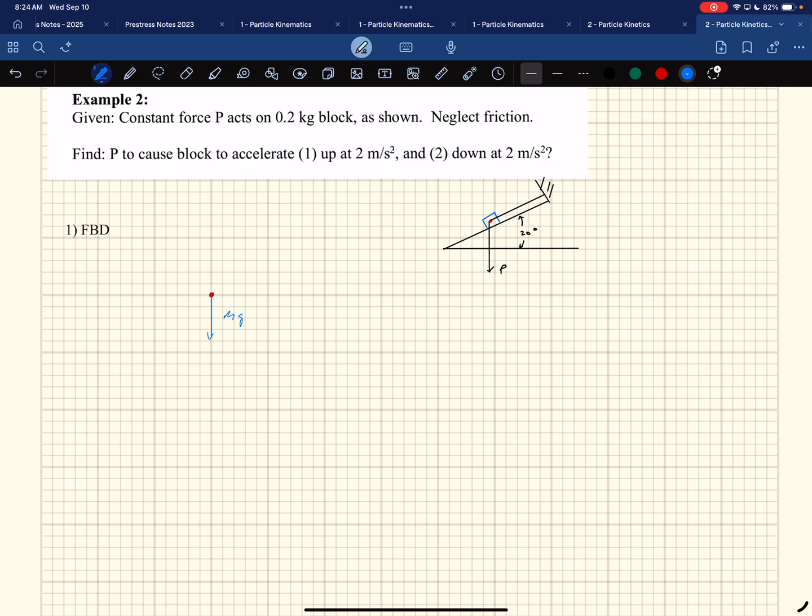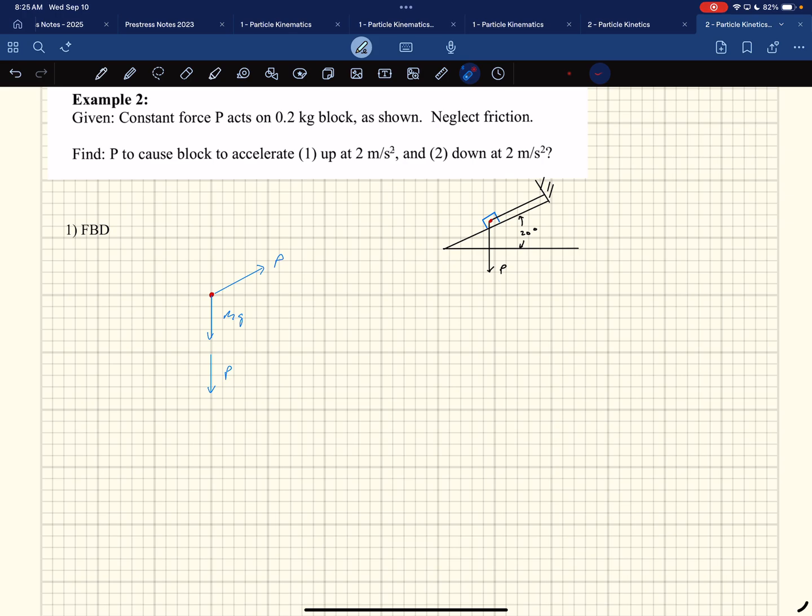Force P. P's got a couple different locations. I'm pulling it right here, so obviously it's going to be there, but then also it'll go this way too. Tension in that cable is going to be constant as it goes around that corner. Later on, when our pulley has mass to it, that's not the case.